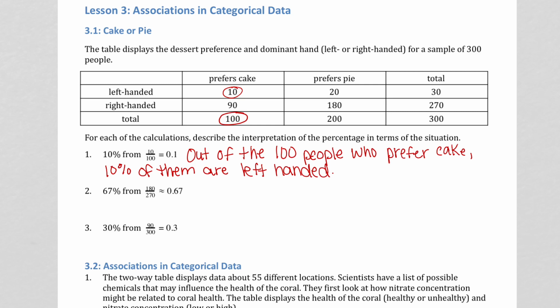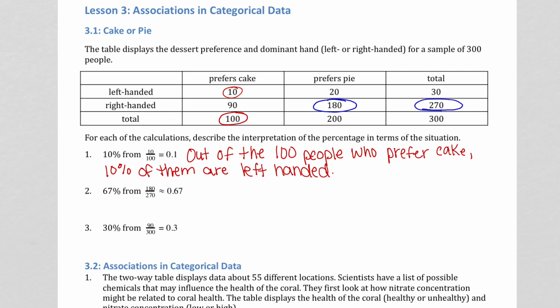So for 67%, from 180 divided by 270 is approximately 67%. Where did the 180 come from? The right-handed, and that prefer pie. Where did the 270 come from? The total people that are right-handed.